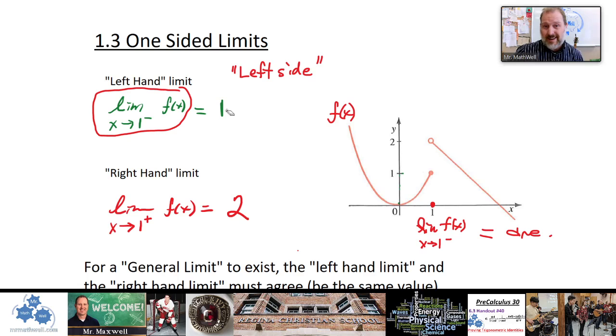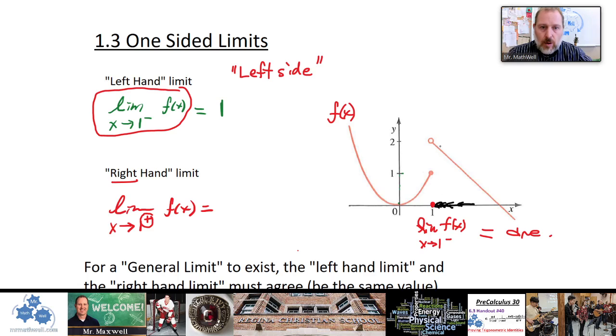Now, the right-hand limit, this is super easy. The right-hand limit is symbolized by a little plus sign as an exponent. And this says, what is the limit of this function as x approaches 1 from the right side? As x approaches 1 from the right side, it's getting closer to 1 like this.